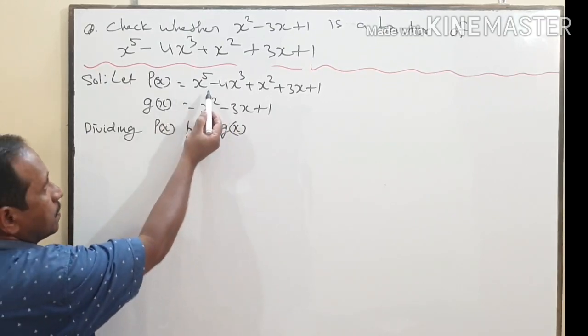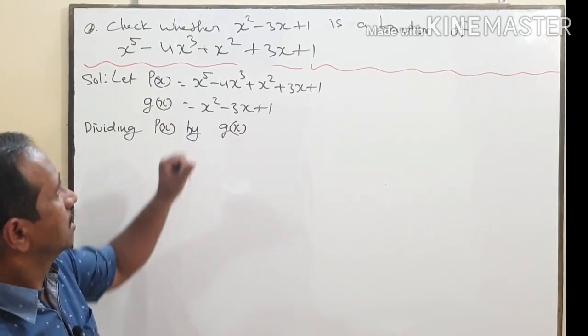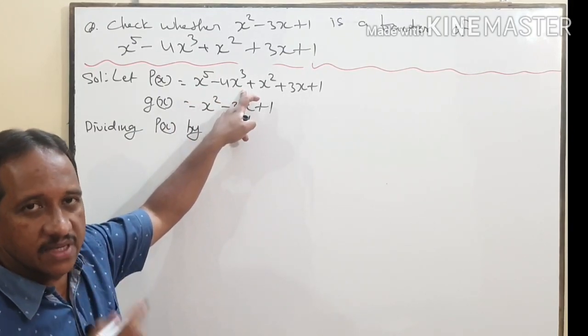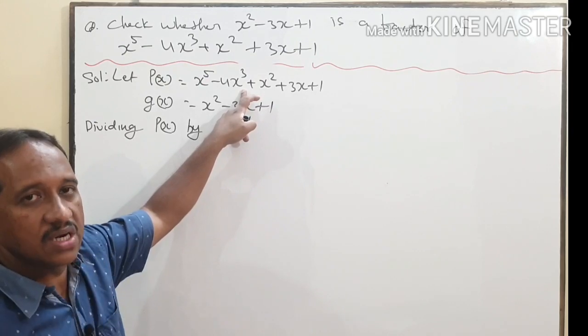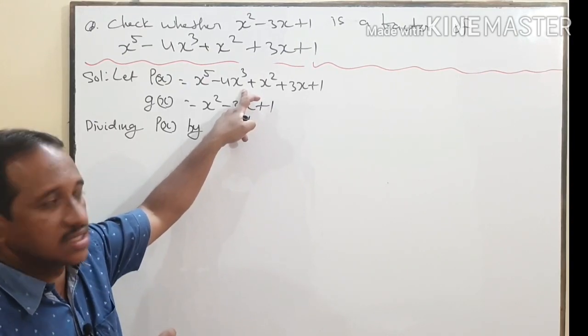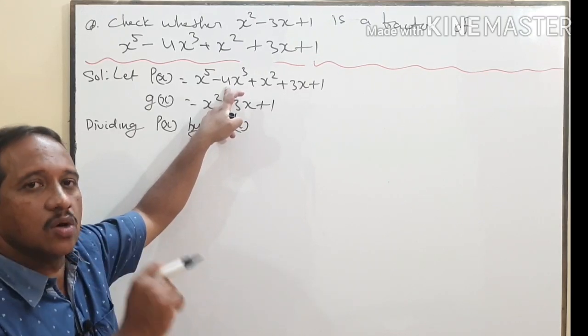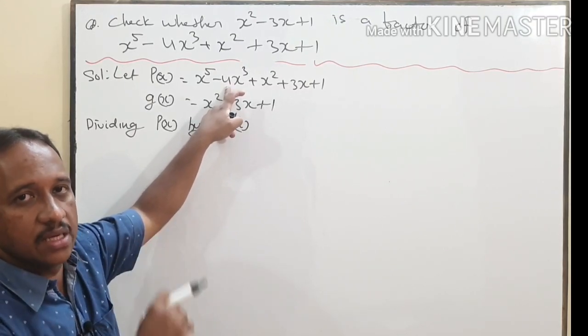When you write the polynomial p of x, you can see x raised to 5 minus 4x cube. One term is missing: the x raised to 4 term. So when you write this polynomial for the division procedure, you write 0x raised to 4 to fill that place.